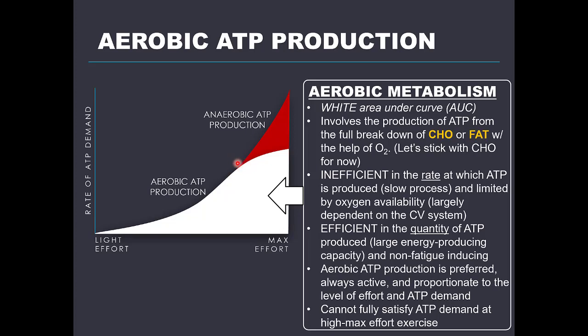At this point, the anaerobic systems, as we already discussed, will kick in to fulfill the ATP demand that the aerobic system cannot. The anaerobic system does not, I repeat, does not just completely take over, and the aerobic system does not, I repeat again, does not simply stop producing ATP.